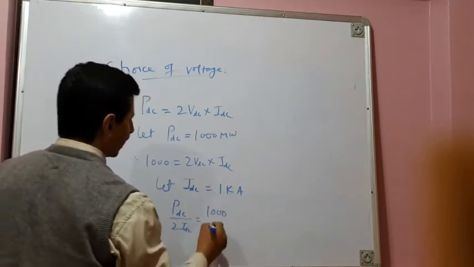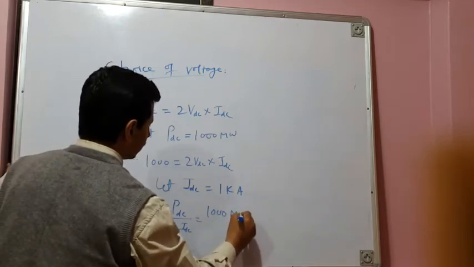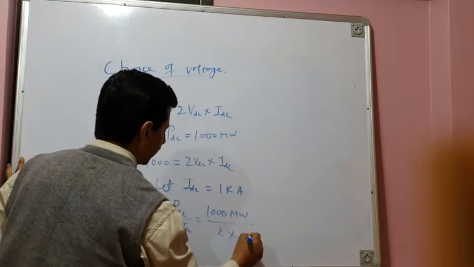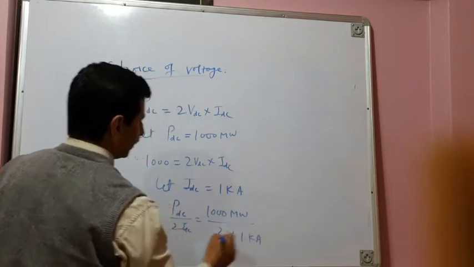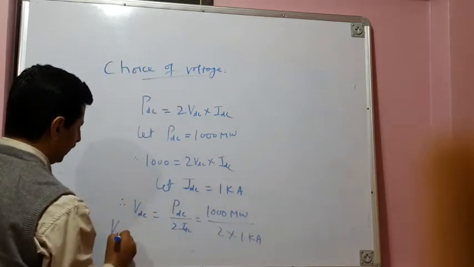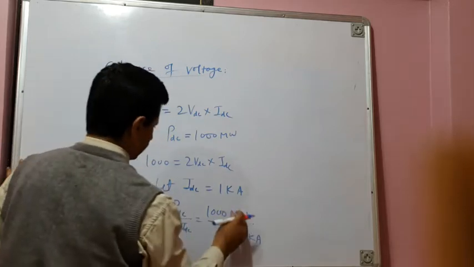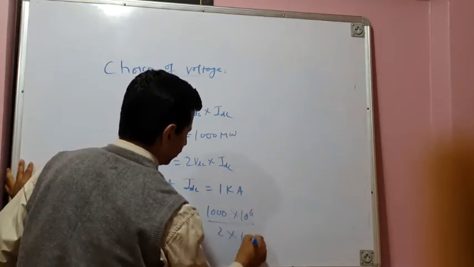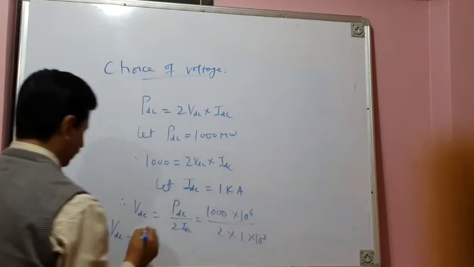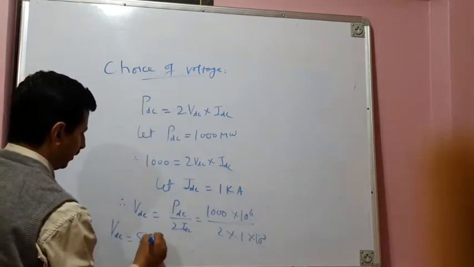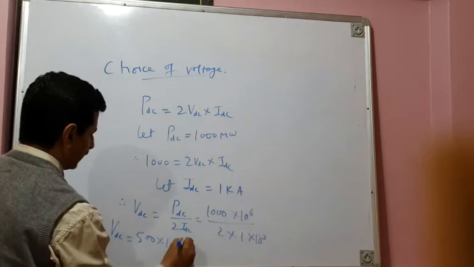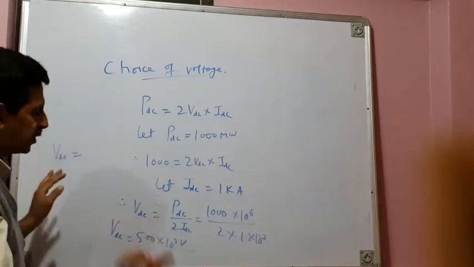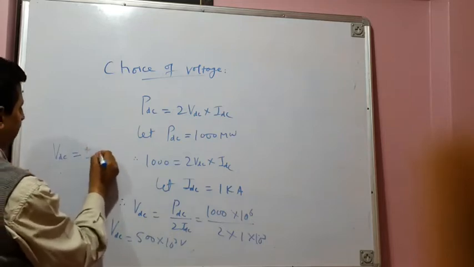It is 1000 megawatts divided by 2 into IDC, which is 1 kiloampere. So therefore, VDC is 1000 into 10 raised to the power 6, divided by 2 into 1 into 10 raised to the power 3. So therefore, it is 500 into 10 raised to the power 3 volts. So the DC link voltage or the transmission link voltage is plus minus 500 kV.